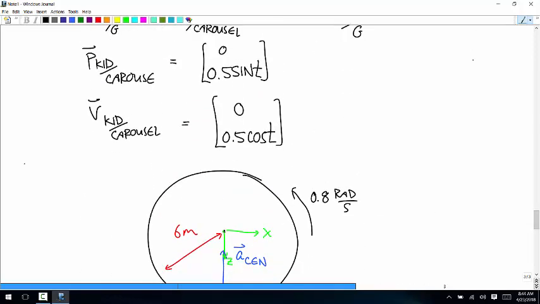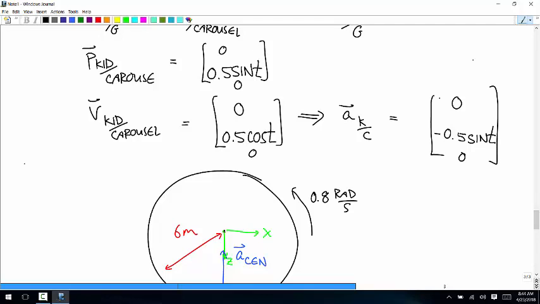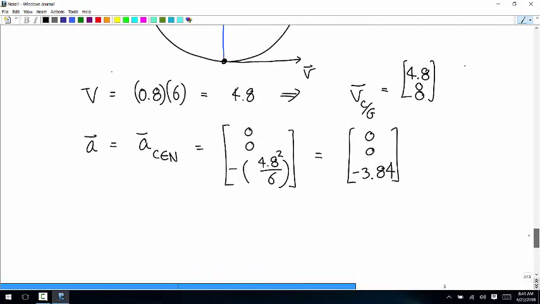All right, well, we have the velocity of the kid relative to the carousel. We can also get the acceleration of the kid relative to the carousel. That's equal to 0, negative 0.5 sine t. But anyways, now it's just relative motion.